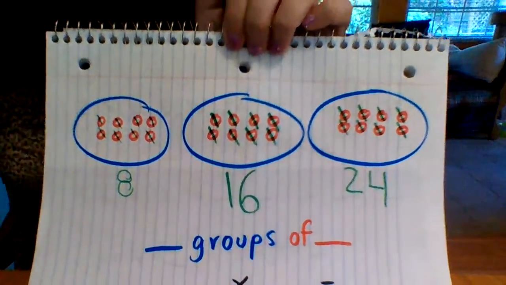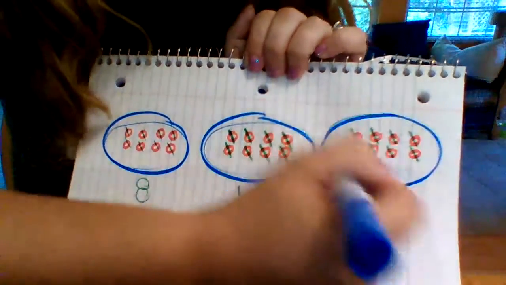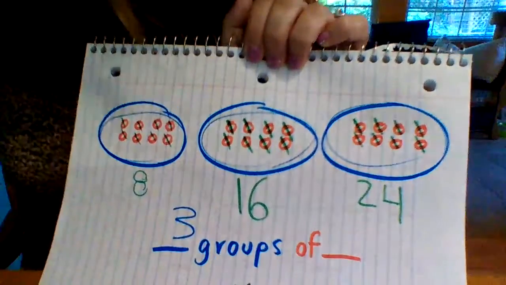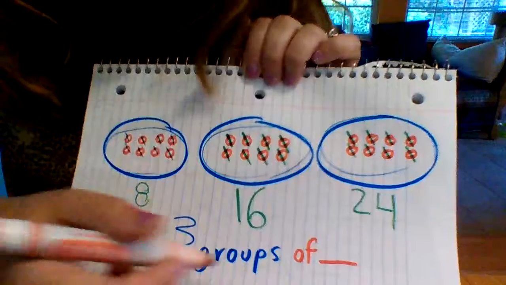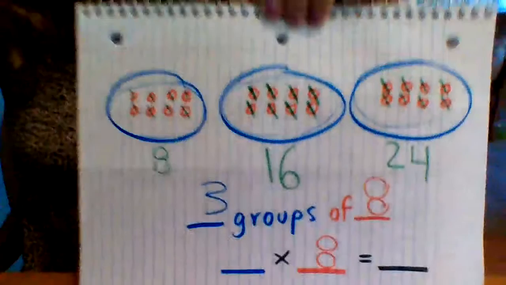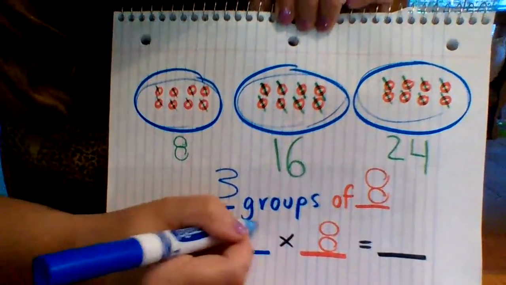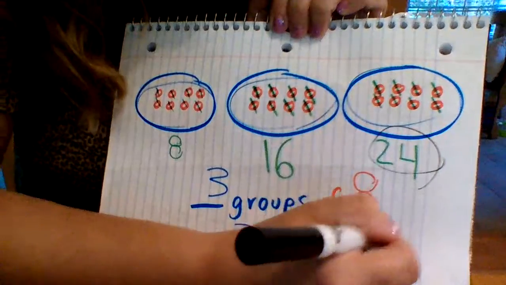Okay, so we have how many groups? 1, 2, 3 big blue groups that hold the counters with 1, 2, 3, 4, 5, 6, 7, 8 in each group. 3 groups of 8, okay, is the same as 3 times 8, which we know equals 24 because we counted all of the counters.